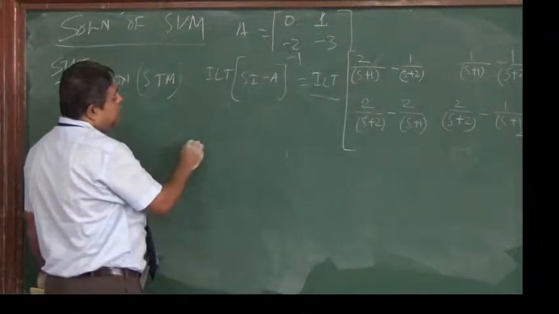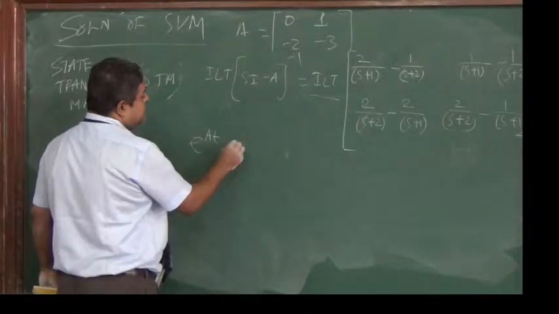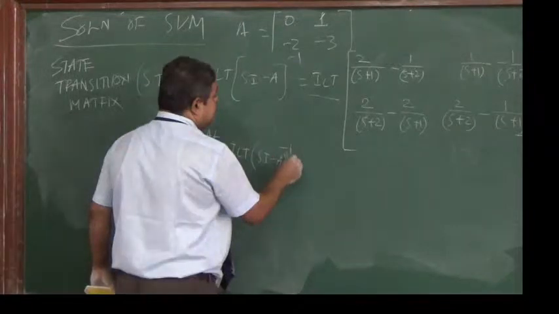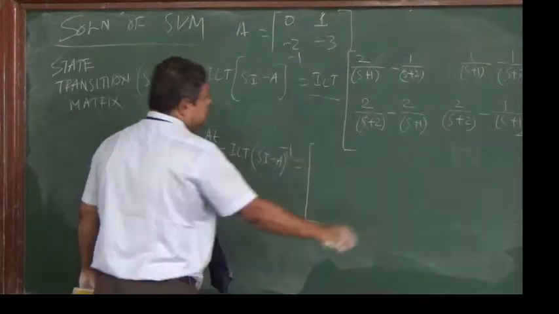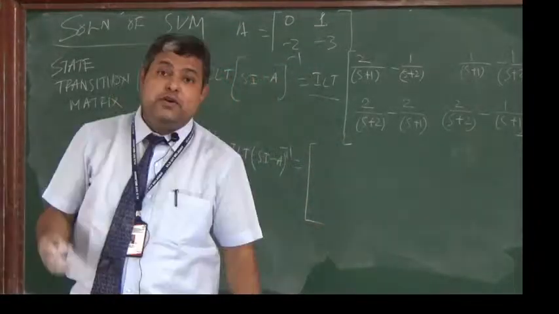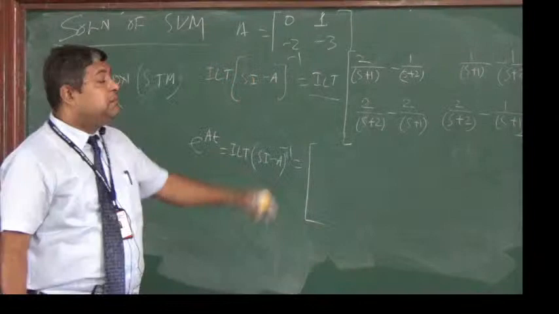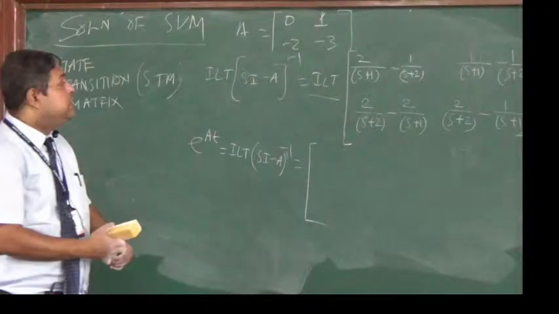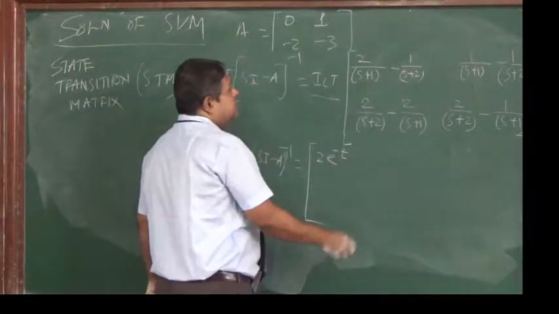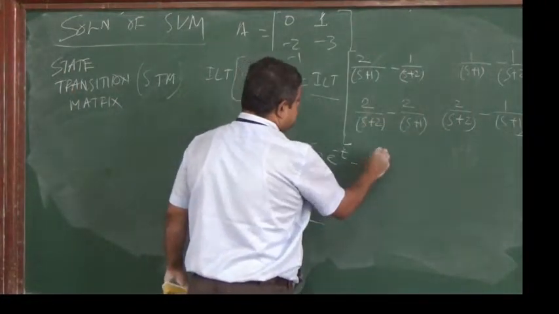So e raised to At is equal to the ILT of sI minus A inverse. This will be a 2 by 2 dimensional e raised to At, that is for 2 state variables. The dimension of e raised to At also will be 2 by 2. How to find it? So 2 by s plus 1 means 2 e raised to minus t, inverse Laplace transform, minus e raised to minus 2t.